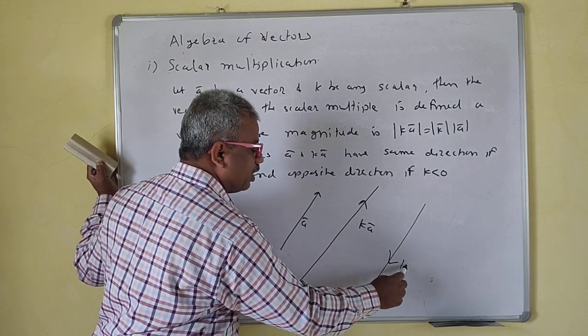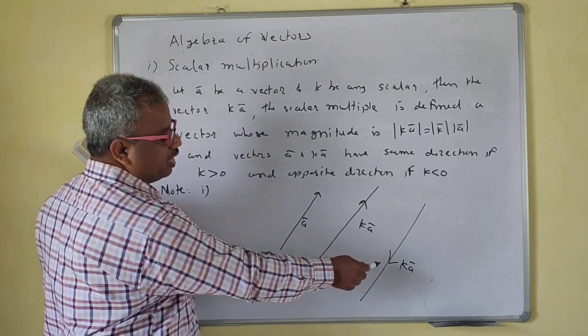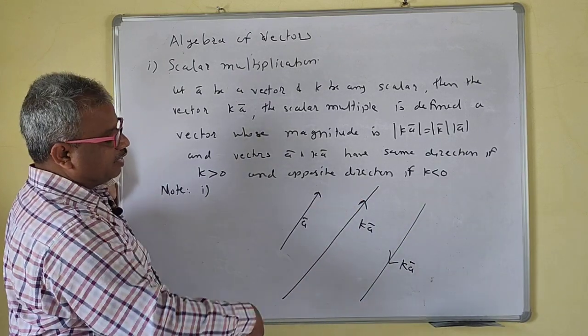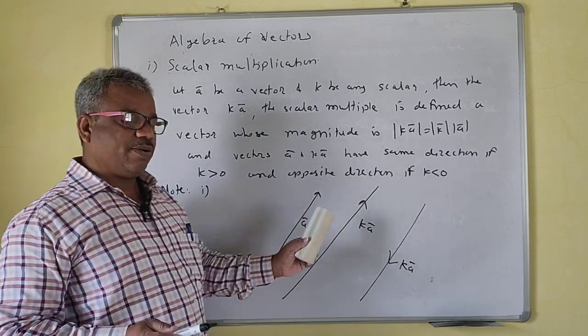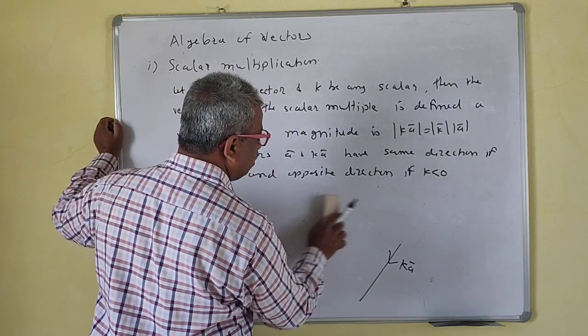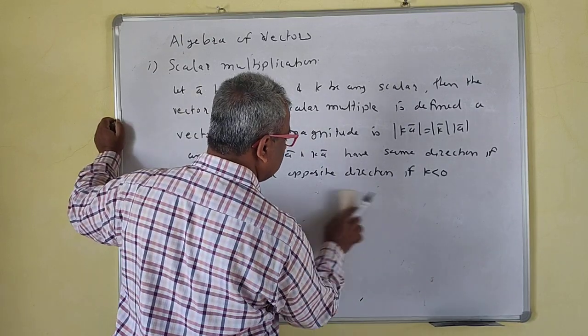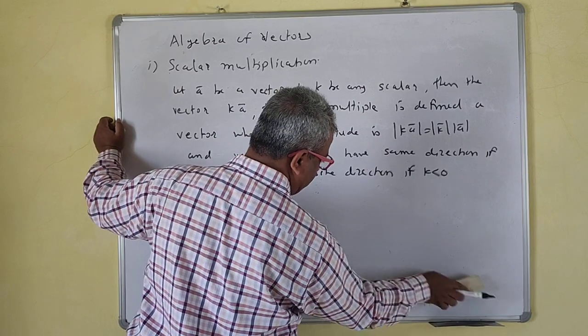This is the scalar multiplication. And this will be k a bar when k is negative, so this is the opposite direction. So the vectors should be parallel. See, a bar and k a bar are parallel vectors. Note that only the magnitude is different, and the direction may also be different, but they are parallel.